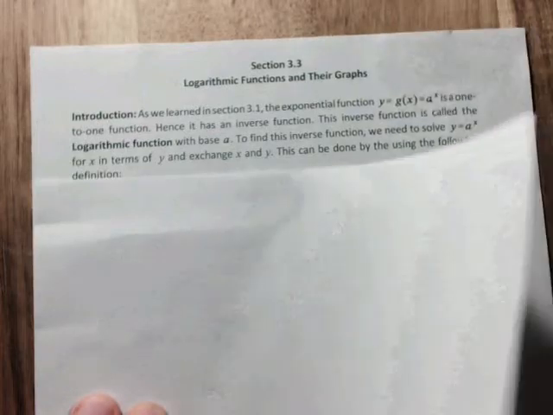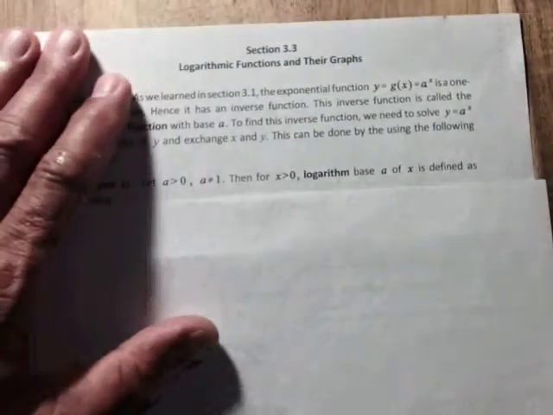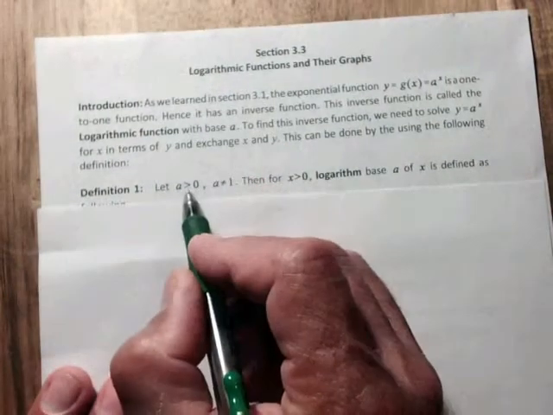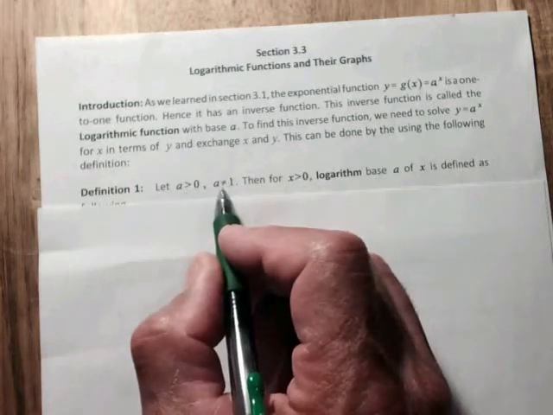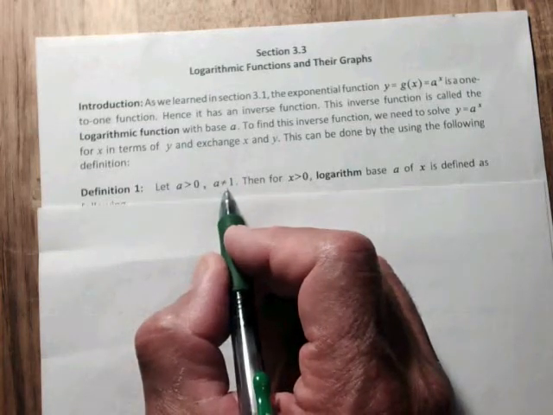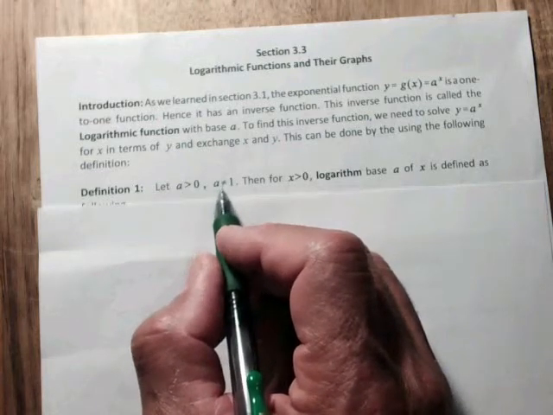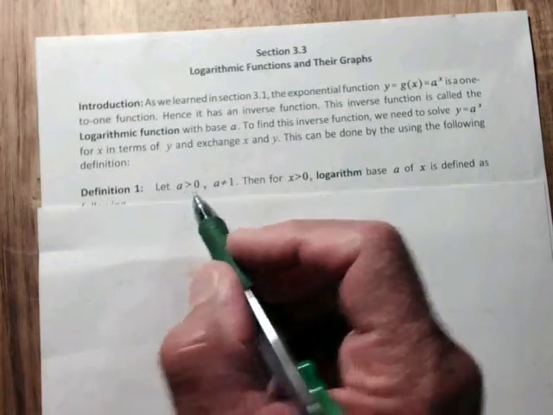So let's see how this function is being defined. First of all, we start with base a, which is a positive number, not negative, not 0, and a equal to 1 will not produce anything interesting. So we eliminate the case a equal to 1, and a has to be bigger than 0.